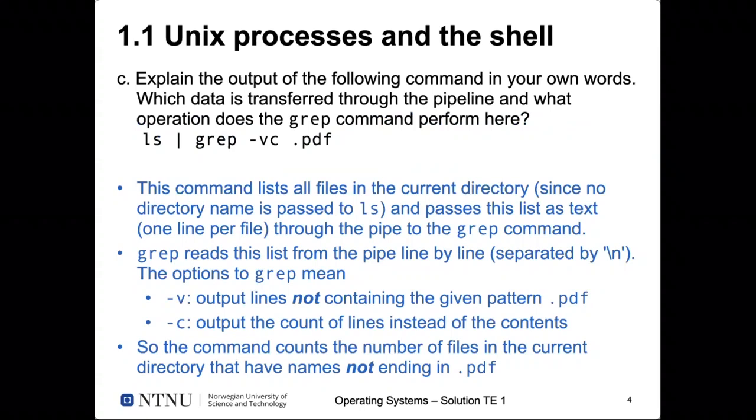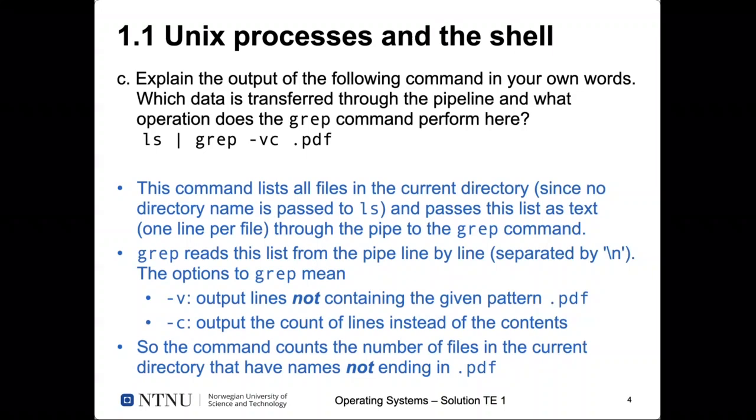And then, let's look at a shell command to see what happens and which data is transferred through the Unix pipeline. We have this command here: ls | grep -vc .pdf. This command lists all the files in the current directory, since no directory name is passed to ls. It passes them as text, one line per file, and this is what's handed to the pipeline. So it's just ASCII character text going through the pipeline, and this is what's read by the grep command.